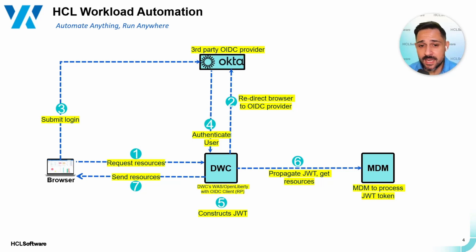With JWT SSO, we will be performing single sign-on between DWC and MDM. So my MDM is also aware of the username and the groups, and I'm able to grant permission with my group from Okta to my secured files on the master domain manager as well. All right, so we will be switching now to the configuration files.